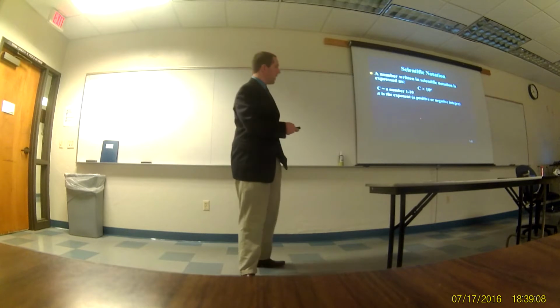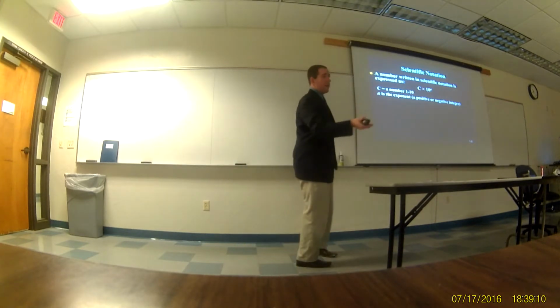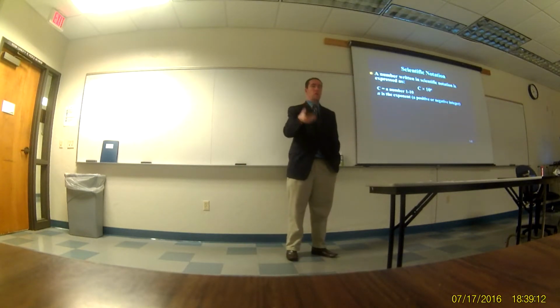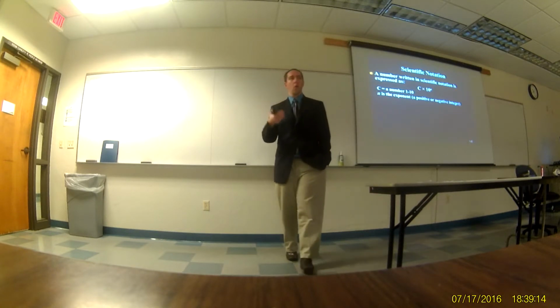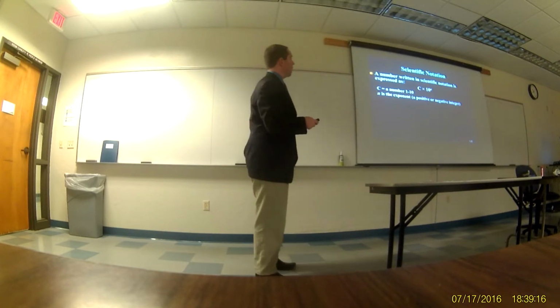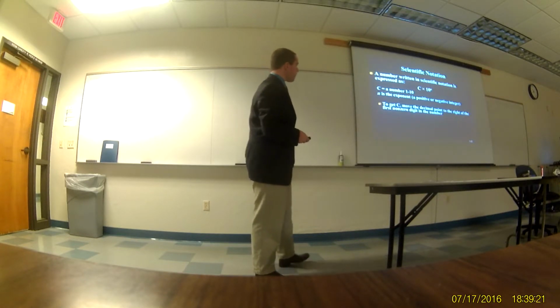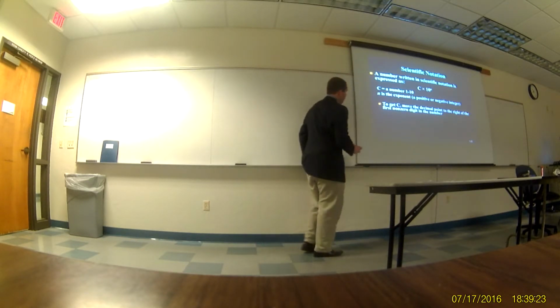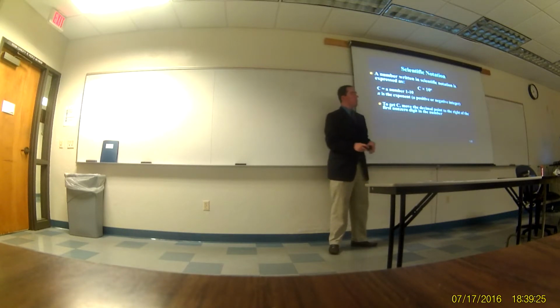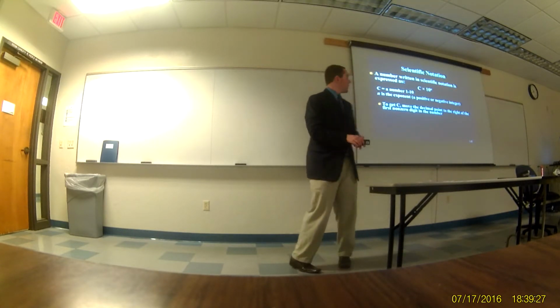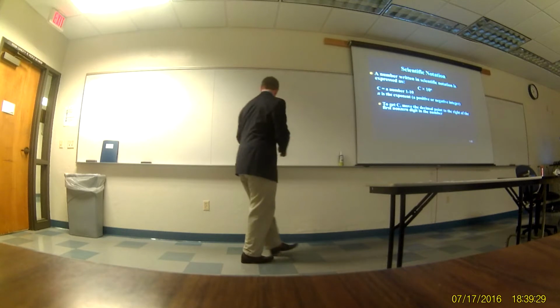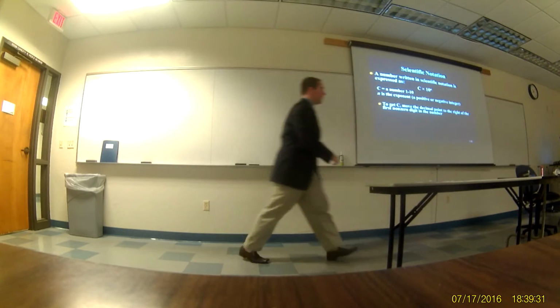You can have 10 to the 0, 1, 2, 3, negative 1, negative 2, negative 3. Those are whole numbers. So you have a number times 10 to an integer. And to get C, you're going to move the decimal point to the right of the first non-zero digit.